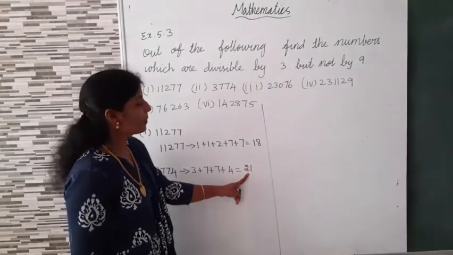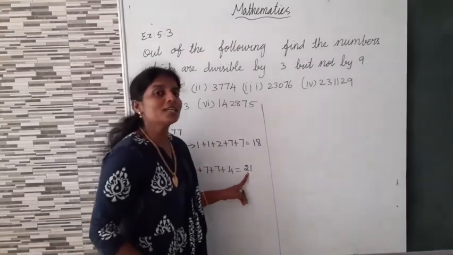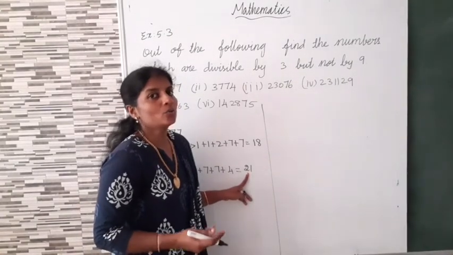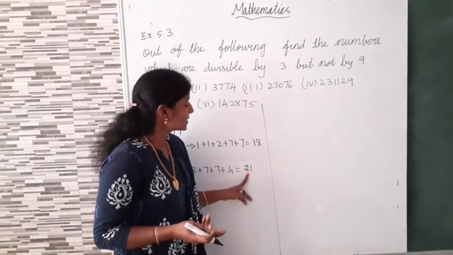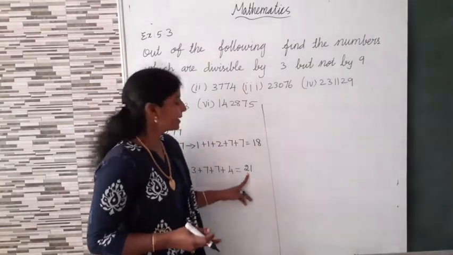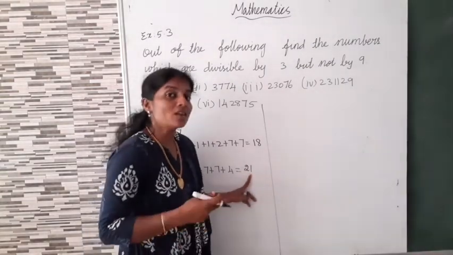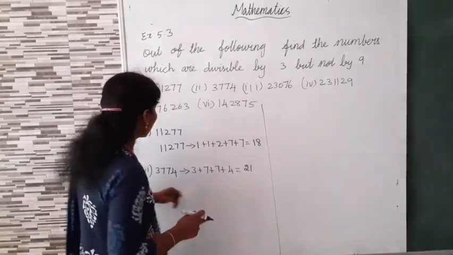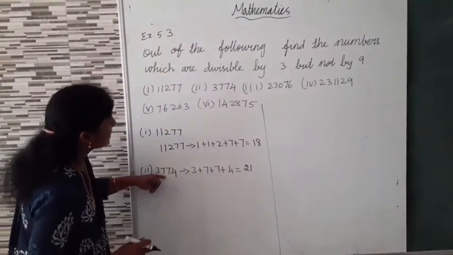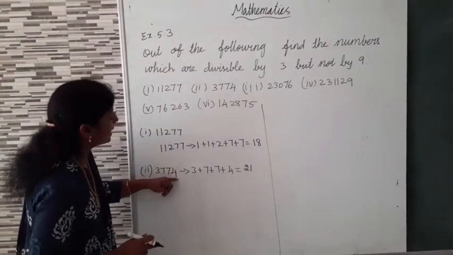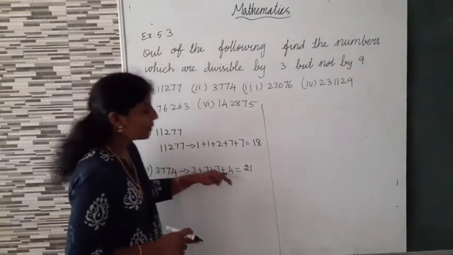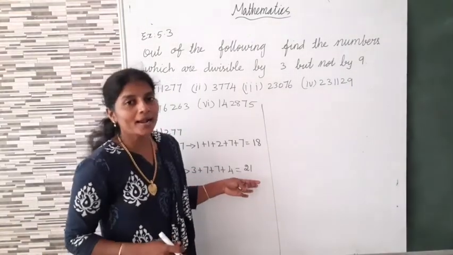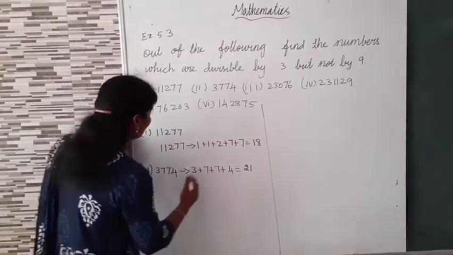But 21 is not divisible by 9: 2 9s are 18, then 3 9s are 27. So 3,774 is divisible by 3 but not by 9.